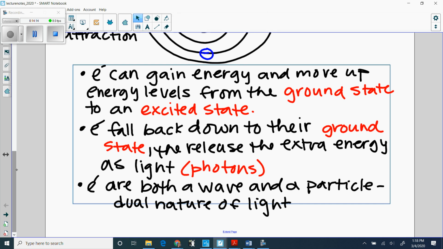Electrons are not things. We draw them and talk about them like they're things, but they're not actual things. So they're both a wave and a particle because they're not actually a thing, they're just energy. So sometimes they act like a wave, but sometimes they act like a particle because they're neither and they're both all at the same time. Okay?